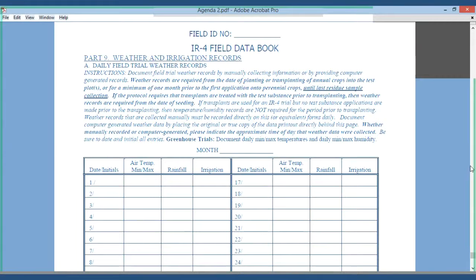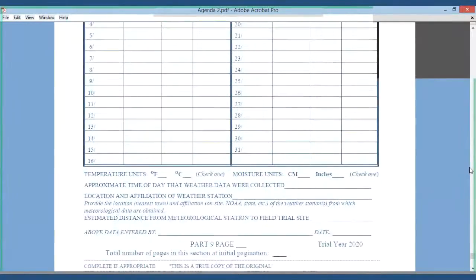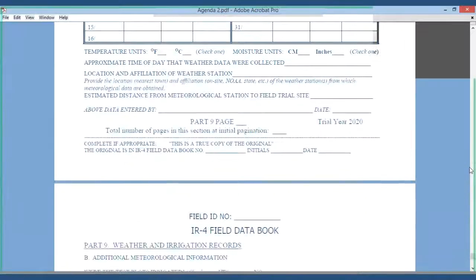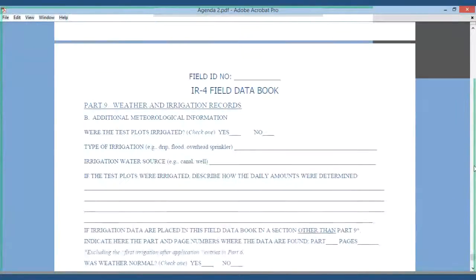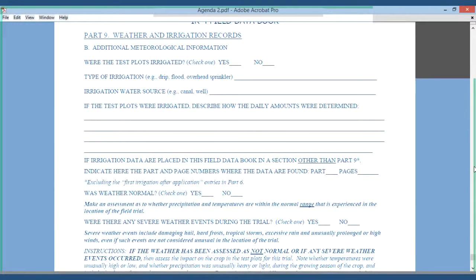And you'd enter it in this log. Next page, please. So you'd enter information about irrigation, if the plots were irrigated, the type of irrigation, and then you'd also, remember on the previous page, you entered the dates of the irrigation.